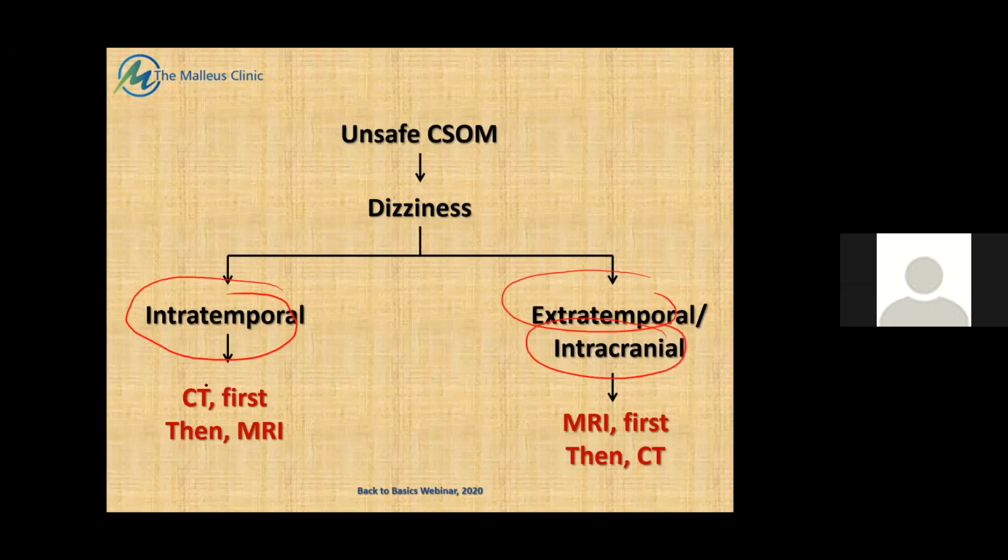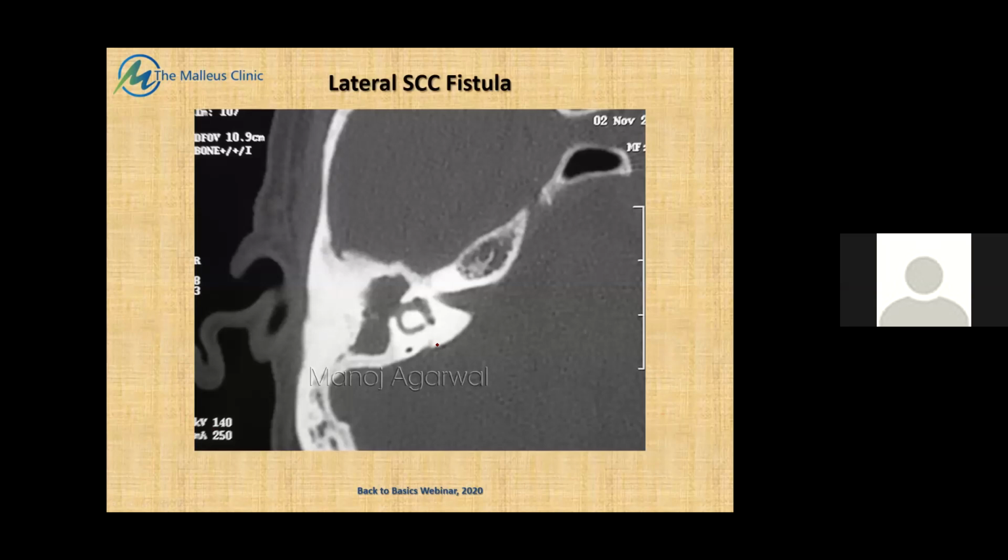So in case your suspicion is towards mainly an intratemporal pathology complication, which we'll see in the next slide, then ideally speaking, you should go in for a CT scan first. But in case you're looking at some kind of an extratemporal intracranial pathology, then probably getting an MR would be a better idea. So what is it that first comes to your mind?